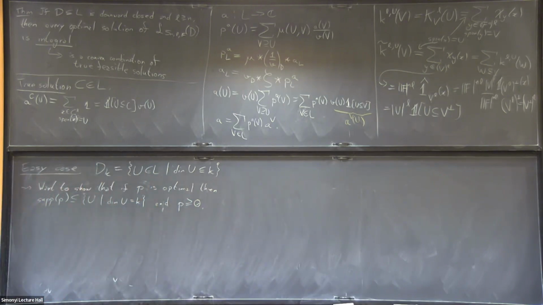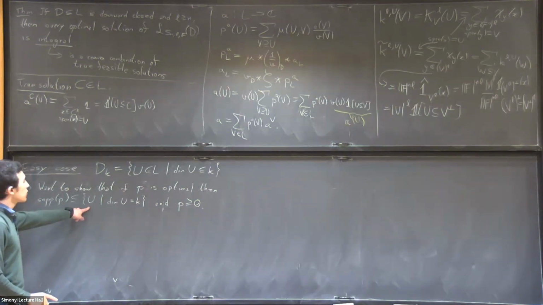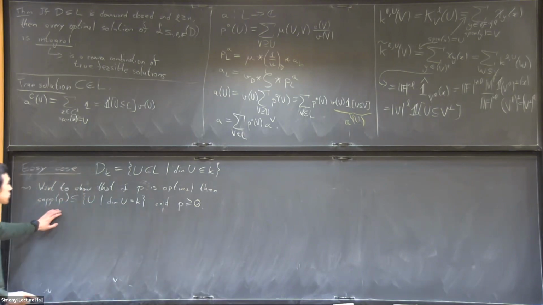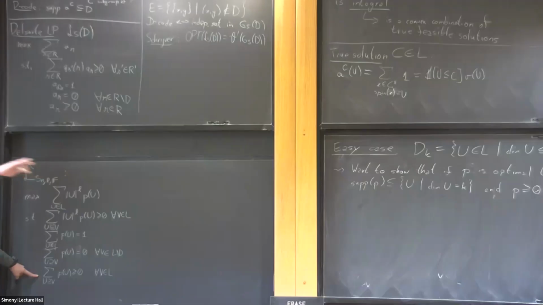So, well, okay, let's first see why this implies this. If I could show that the support of P is completely contained in the top guy, just from these kinds of restrictions, you can see that P can only be non-negative, right? Because P can only live on the top layer, right?